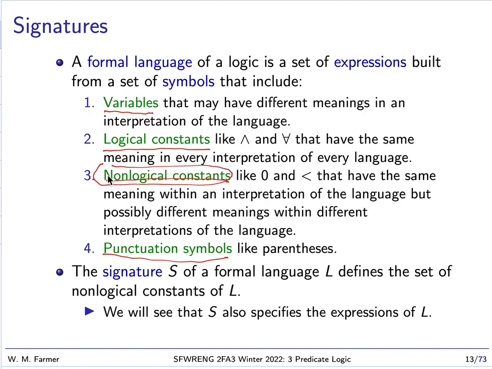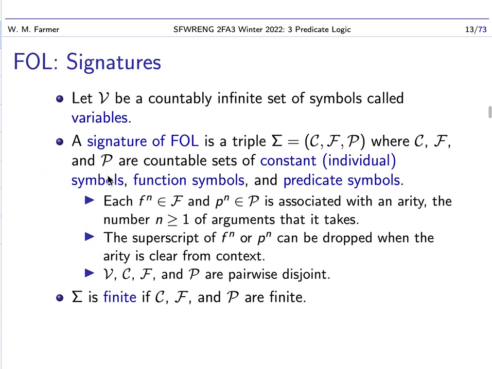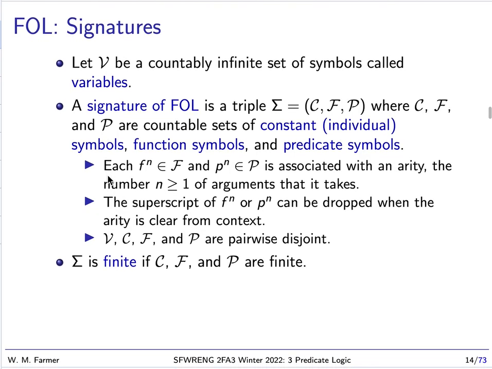These are constants which have a constant meaning in an interpretation, but can have different meanings in different interpretations. And a signature specifies the expressions of the language. Or another way of thinking about this is once we know what the signature is, we basically know the whole syntax of the language.